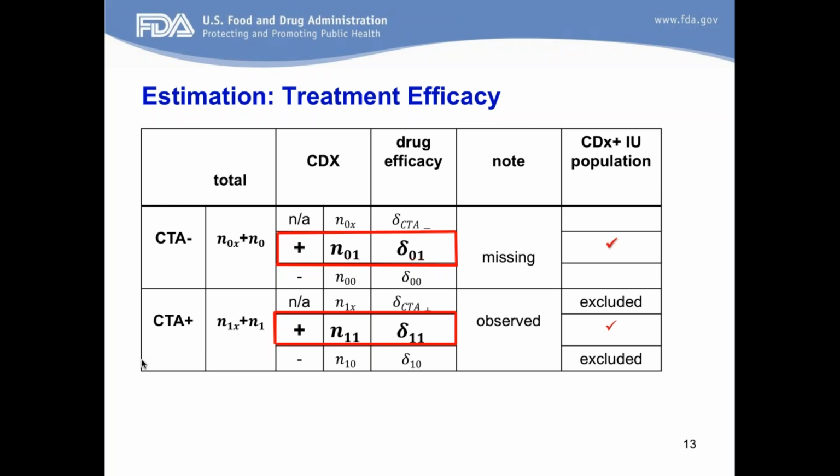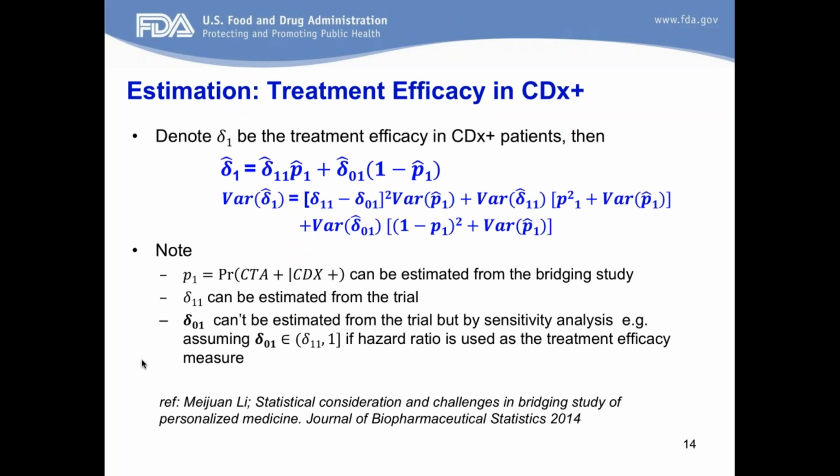In the next slide, I mentioned the formula, so here just plug in what I described earlier. Delta 11, you can estimate from the clinical trial for the double positive patients. P1, you could estimate from the bridging study based on PPA and NPA and then convert to PPV. And delta 01 is the tricky part, as I mentioned, because we do not have data.